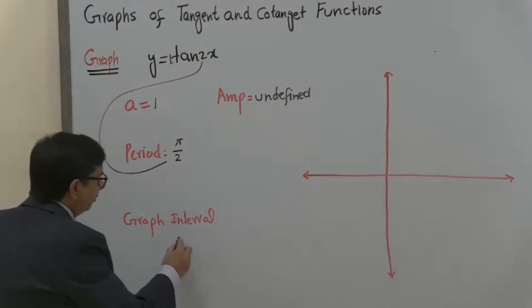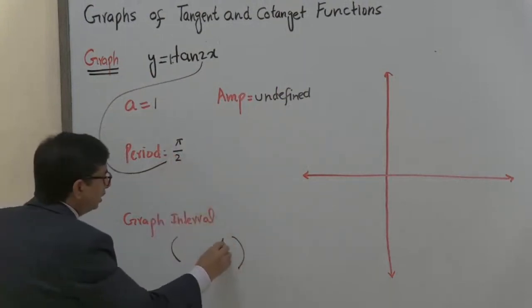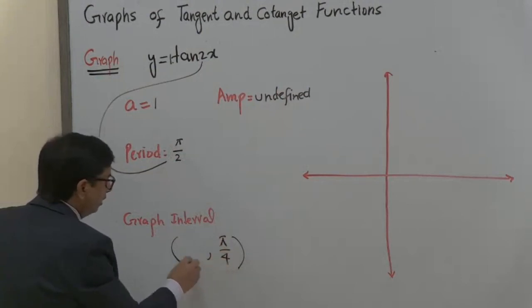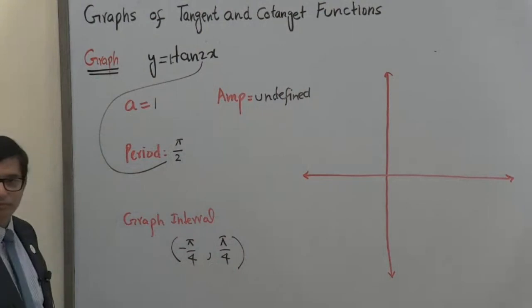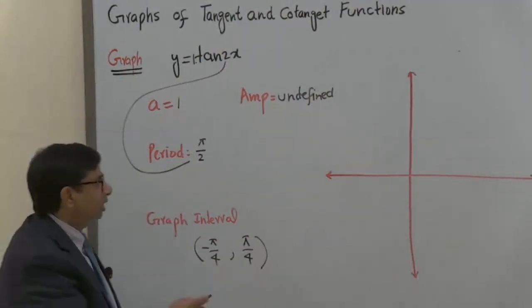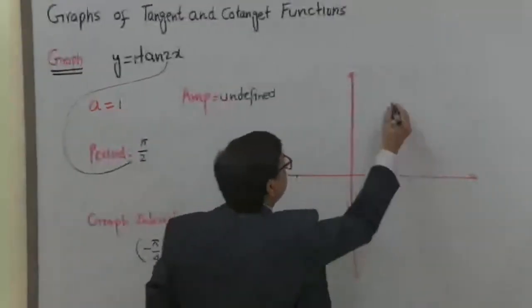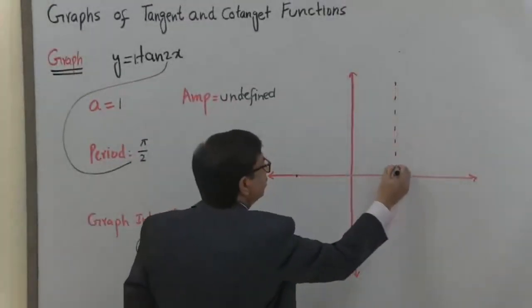Graph interval. I told you, we always take half of the period. So this is pi over 4, minus pi over 4. Our graph will be between this interval. So without looking at this one, just on both sides, draw the asymptotes.